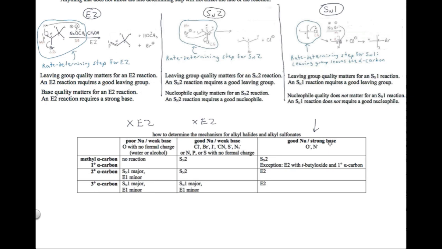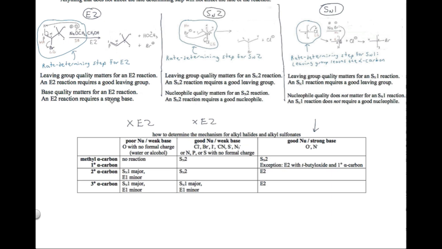Well, here's the answer. It's because E2 requires a strong base. Notice that this left-hand column is for a weak base, so this weak base cannot carry out an E2 mechanism. And the middle column is also for weak bases, so the species in this middle column also cannot carry out an E2 mechanism.